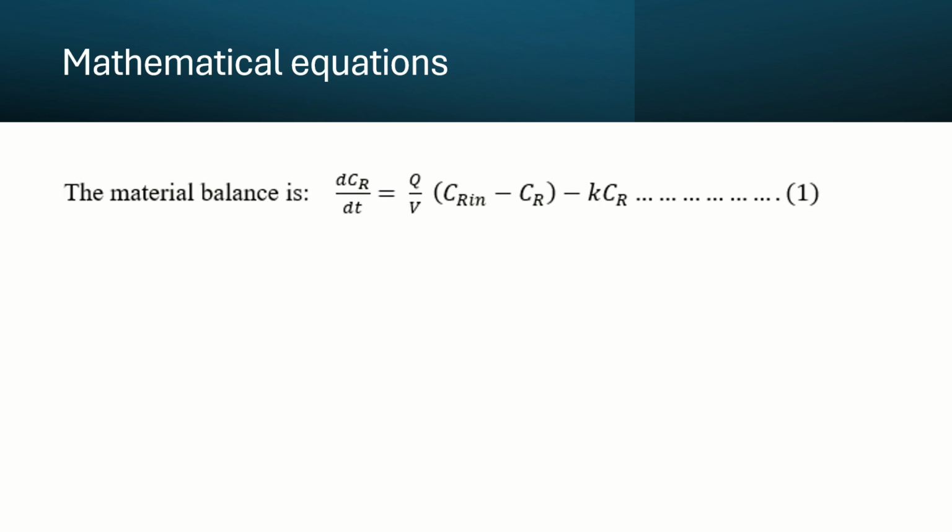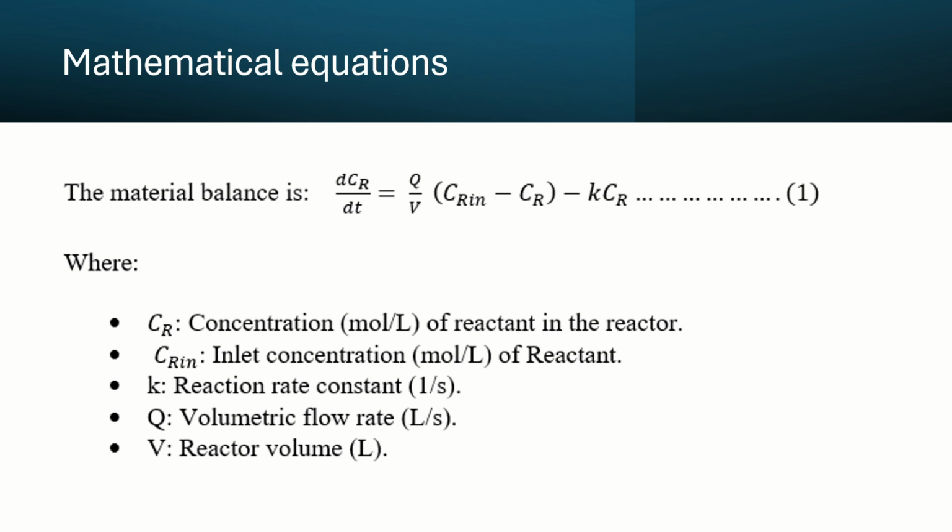The first equation is the material balance, which is expressed as dCr over dt equals Q over V in bracket Cr in minus Cr, and then minus KCr, where Cr is concentration of reactant in the reactor, Cr in is the inlet concentration of reactant, K is the reaction rate constant, Q is volumetric flow rate, and V is the reactor volume. So why do we use this equation?